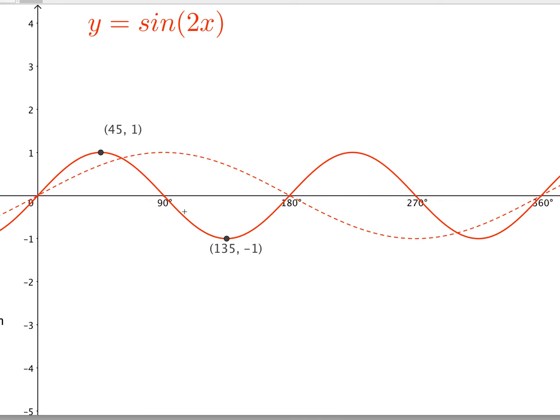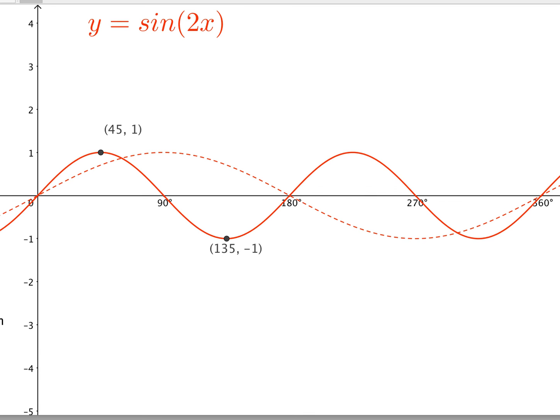So you can't see it, but often to the negative angles there, it's been squashed in as well. So it could be stretched out or squashed in the x direction, and mostly it'll be squashed in. The period changes here. Because of this 2, the period is halved to 180 degrees. So a y stretch, an x stretch.